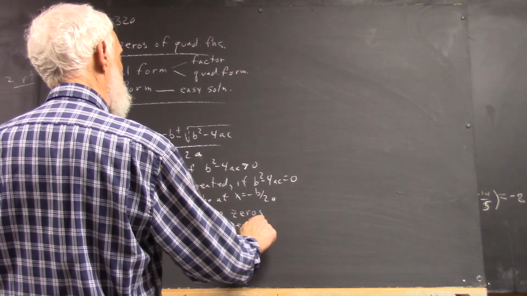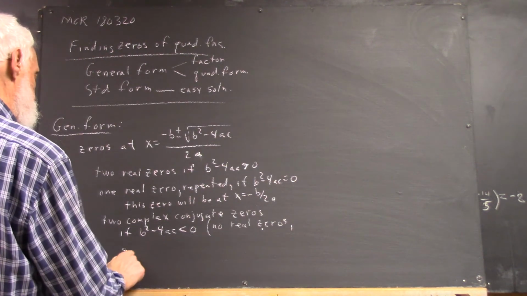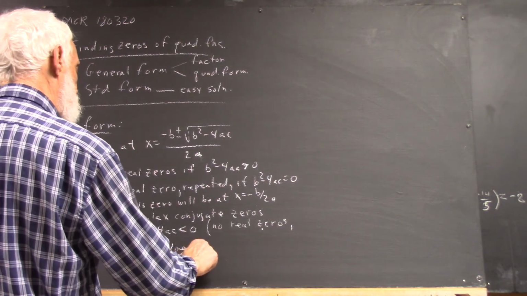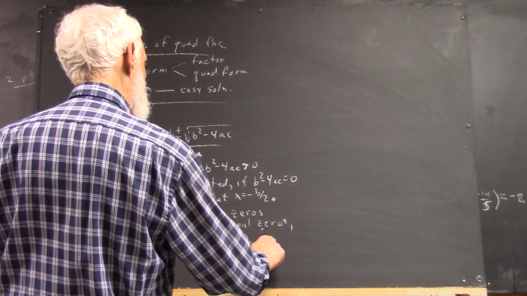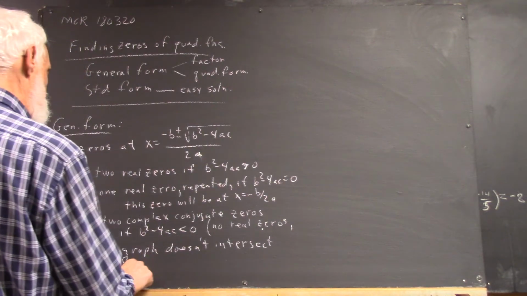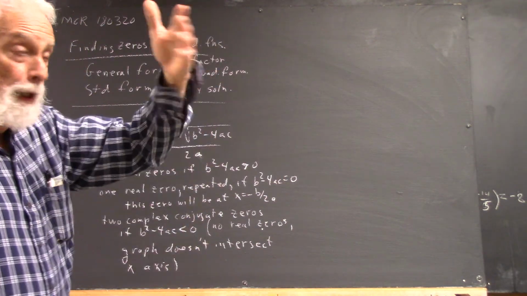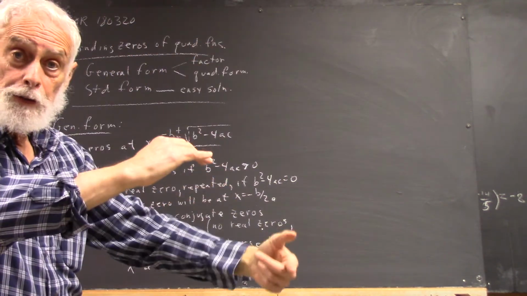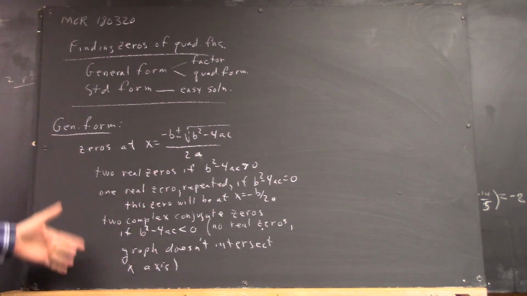This means that there are no real zeros and the graph doesn't intersect the x-axis. Meaning, if a is positive, it's above the x-axis. If a is negative, it's below the x-axis. This is what the zeros tell you.